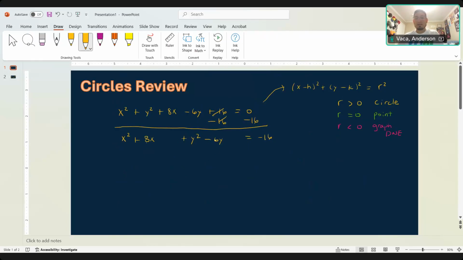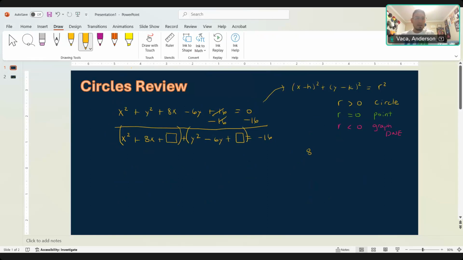Did you also recognize that I left a gap between the -6y and the equal sign? The reason for that is because we are going to write here some numbers that will complete the x square, and we are going to write here a number that will complete the y square. What are those numbers? Well, let's see.